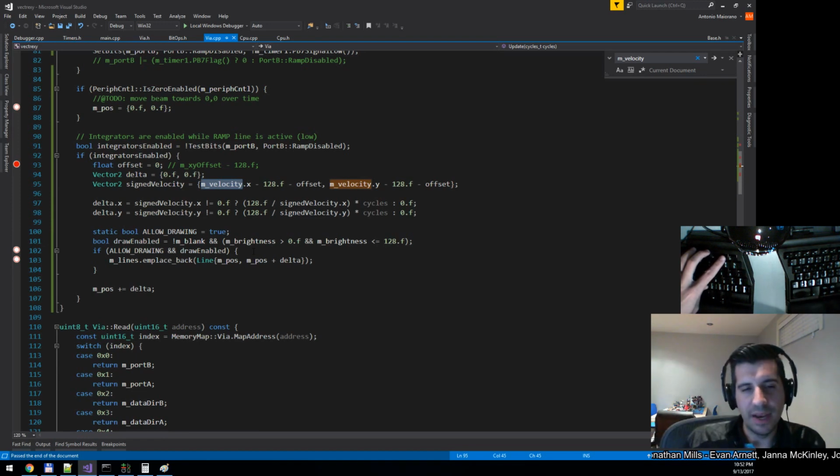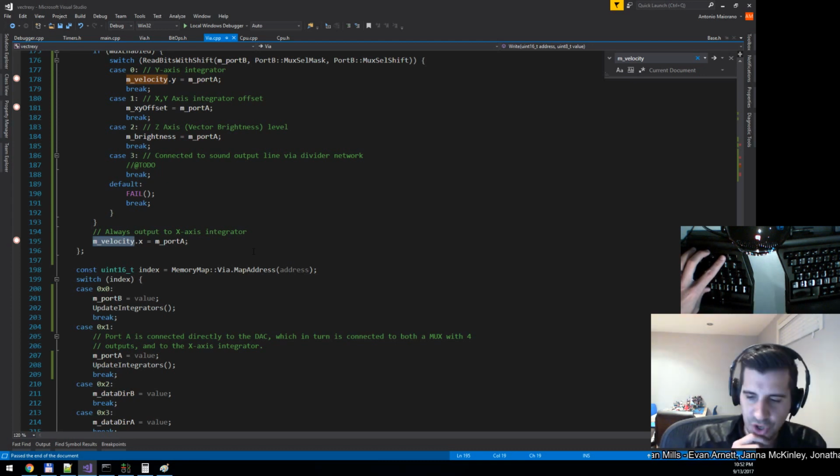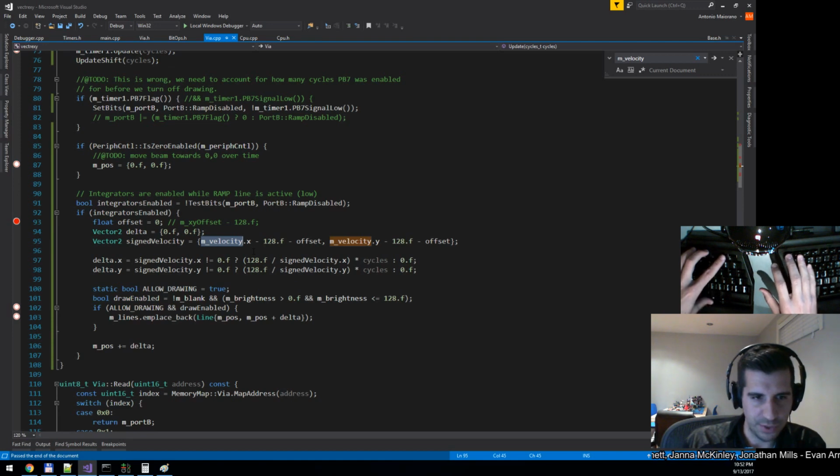Velocity is a bit of a misnomer; I should probably rename that to something like integrator strengths, and those are directly the values that got written into the X and Y axis integrators. Then in here we take that in and interpret it the way we want for drawing purposes. This is the logic here. So I think this is more the correct way to do it.